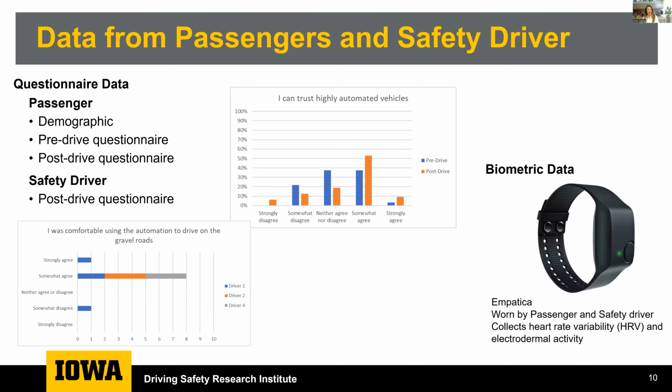We also have the safety drivers report their comfort level during different specific portions of the route, like for example on the gravel, how they felt it behaved, or the merge onto the interstate. Each passenger, as well as the safety driver, wears an Empatica wristband, and we collect biometric data that has the potential to speak to their comfort and emotional state during the drive.